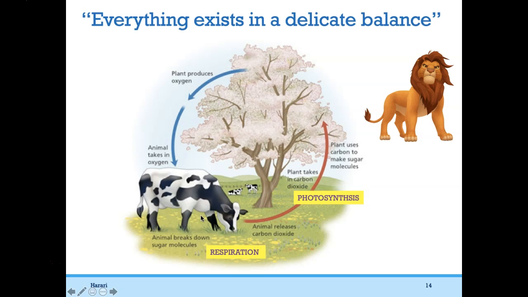In respiration, the animal releases carbon dioxide, which again is one of the inputs of photosynthesis, which is required for plants to make more sugars. So this is the delicate balance that life depends on. And this is why if you cut down trees, you're going to have an effect on other living things, not just that forest. Right? Everything depends on each other.